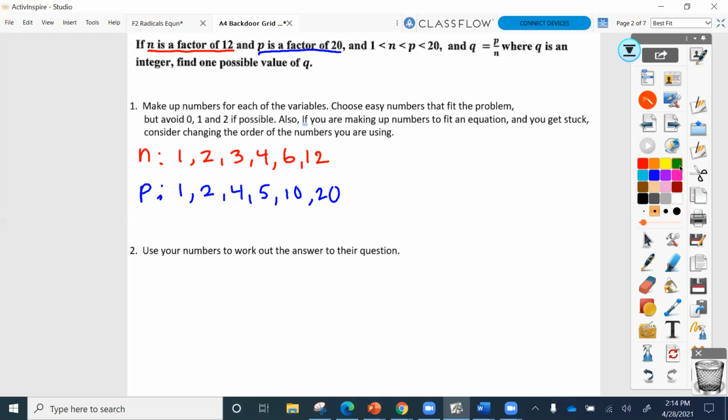Okay, so what we're after here is we want p divided by n to equal a whole number. Okay, and q is an integer, which means a whole number.